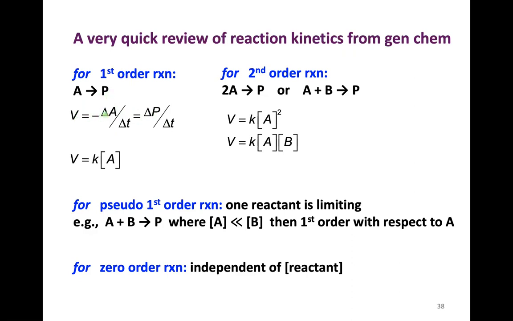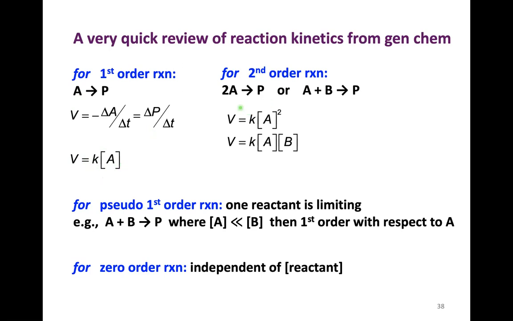This negative is the disappearance of the reactant, okay? P forms, that's why it's a positive number. And we can write this expression as such, where we have our rate constant times the concentration of our single reactant A.